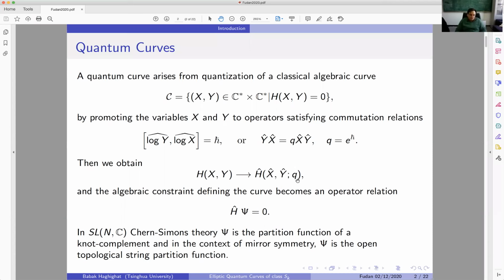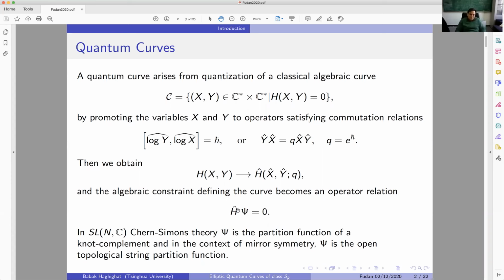In fact, in our case, we will naturally derive this expression immediately, without having to start from such an expression, and then we can compare to the classical expression. The constraint becomes a quantum operator relation, such that this h bar acting on some wave function is 0. You can think of this as a Hamiltonian acting on some wave function with eigenvalue 0.